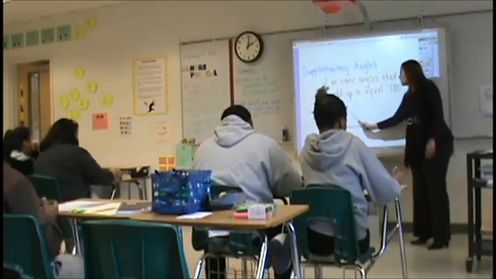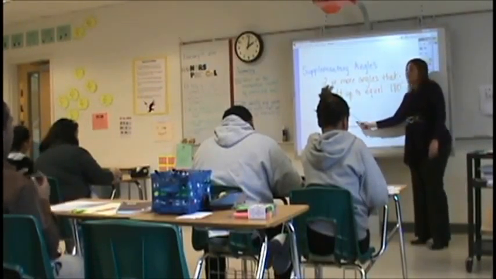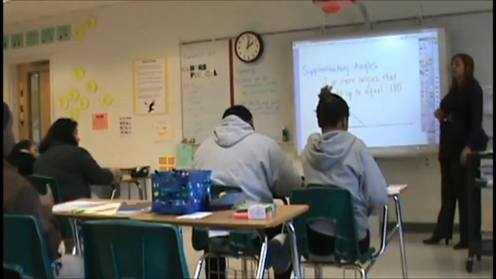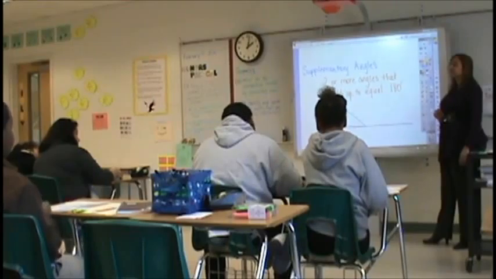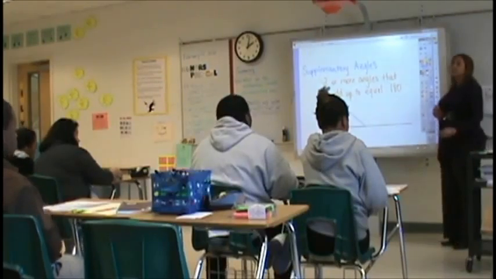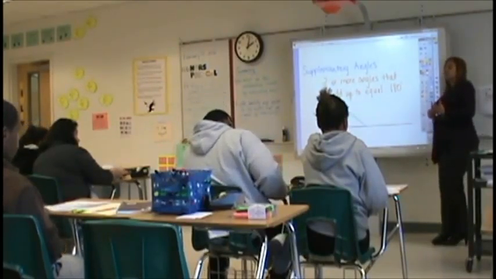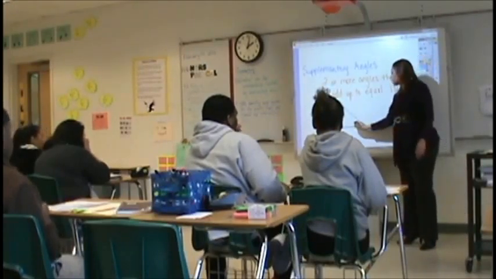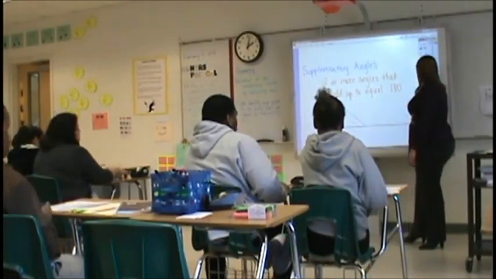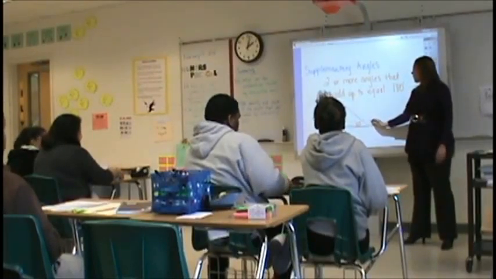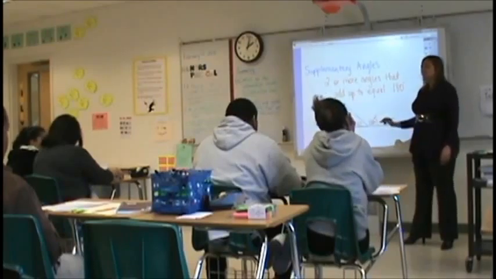So again, these two angles have to equal how much? 180. What's going to happen if they're congruent? You're going to have two right angles. If my acute angle is 20, this one would be 160.